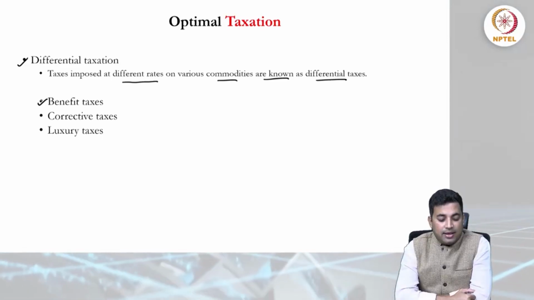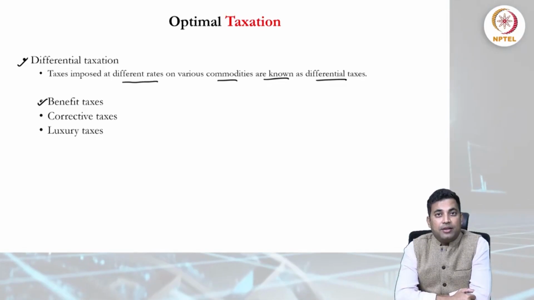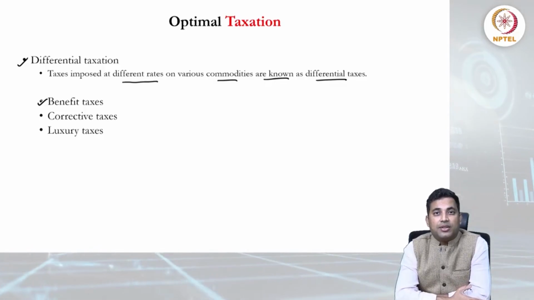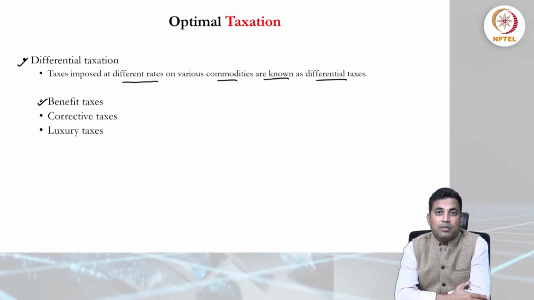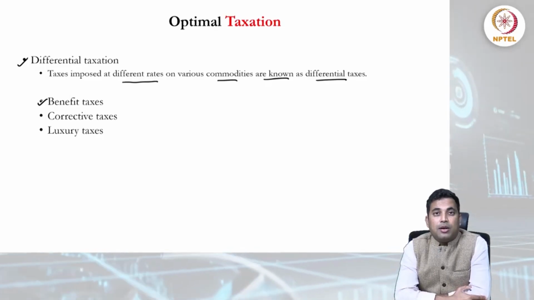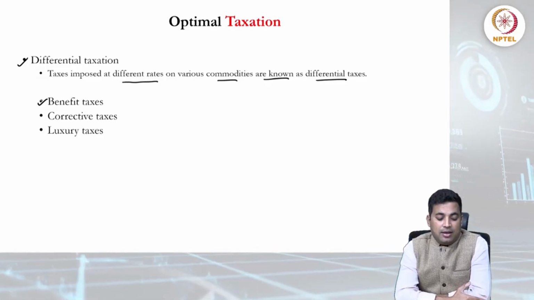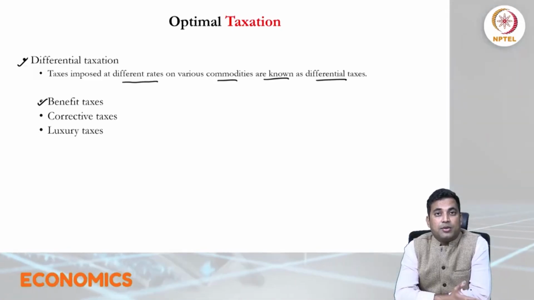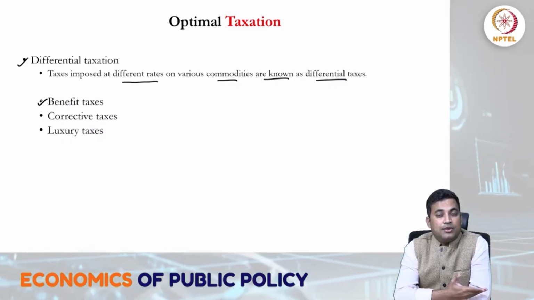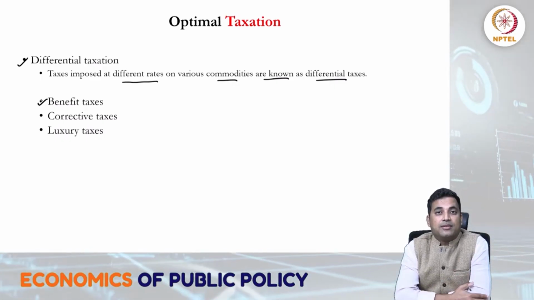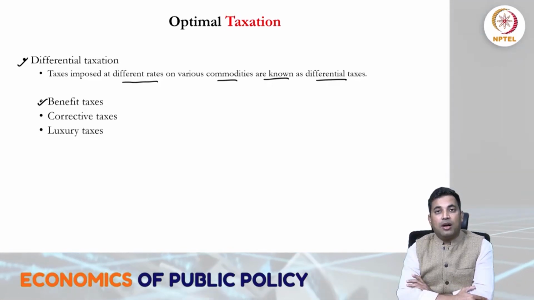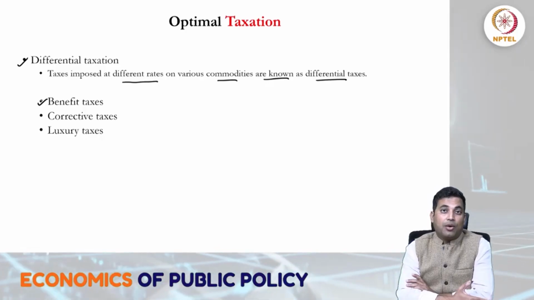Now the second type is corrective taxes, and we discussed this quite a lot in this context. If you recollect, we also spoke about the Pigouvian tax, especially in the context of negative production externalities, where we introduced corrective taxes. Examples we gave were taxes imposed on cigarettes, or taxes imposed on certain industries that are polluting either the river or the air.